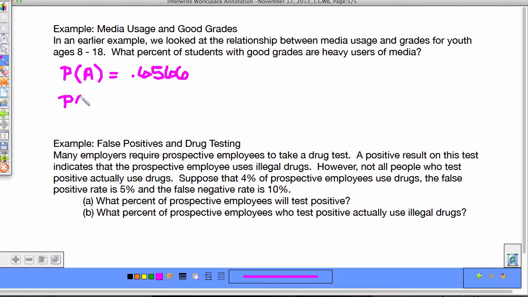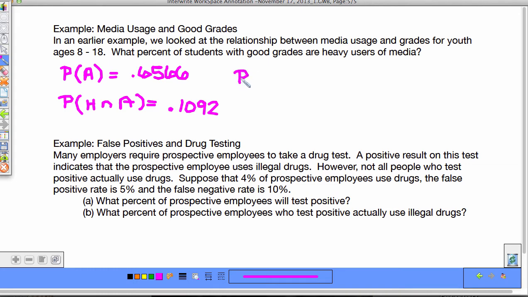And I know that the probability that they are a heavy user and get good grades was 0.1092. I could calculate that from my tree diagram.